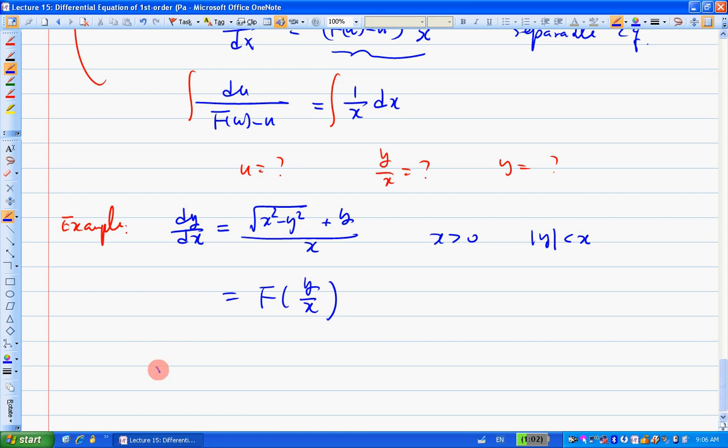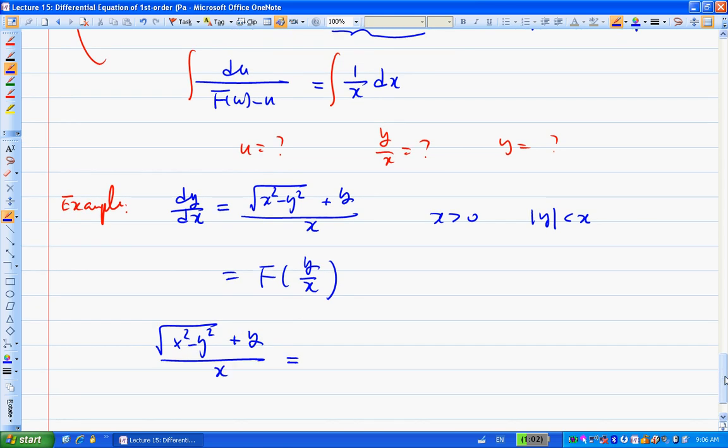So can you manipulate this one, somehow write it into this format here? That's a little skill I need you to have. For the midterm you don't have to, but for the final maybe.